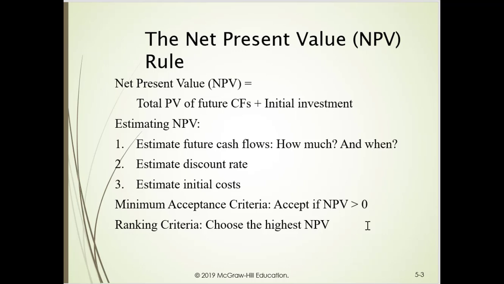Now, I will tell you that if net present value equaled 0, even though it's not in the textbook, it's not typically incorporated in most decision making, and most of the time they don't tell us what to do if it's equal to 0. Technically, it means nothing has changed.